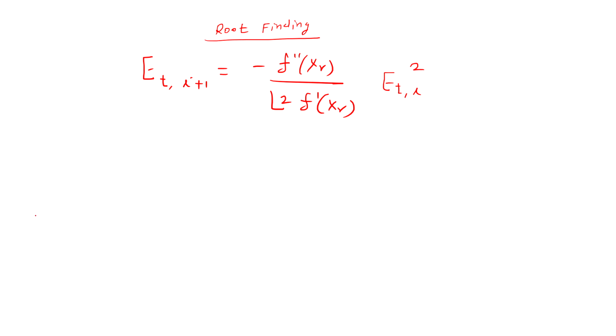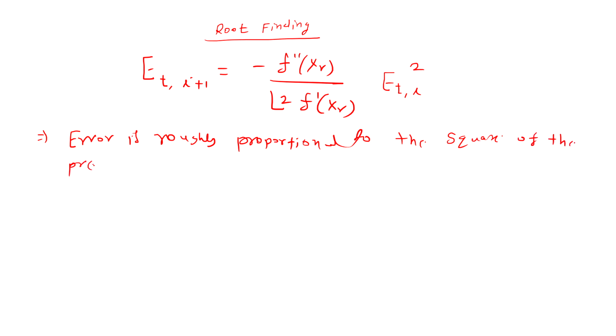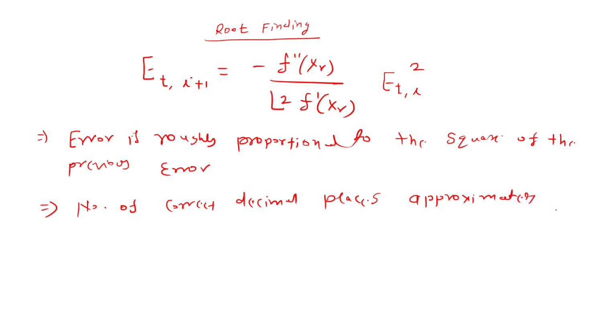So the error is roughly proportional to the square of the previous error, or in other words, the number of correct decimal places approximately doubles with each iteration in the Newton Raphson method, and this kind of convergence is called quadratic convergence.